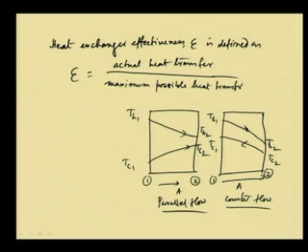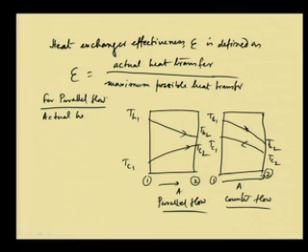Okay. So, the actual heat transfer for parallel flow will be m dot c, the mass flow rate of the cold fluid, into CPC, the specific heat capacity of the cold fluid, into the change in temperature of the cold fluid, TC2 minus TC1.